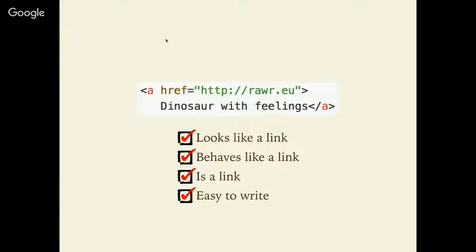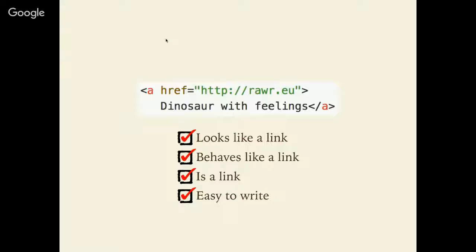It is a link, as in it's exposed as an anchor in the accessibility tree, so assistive technologies know that it is a link and know how to interact with it. And it's really easy to write because, as you all know, the anchor element is just an A, and all you need is the href attribute to make it link to something.